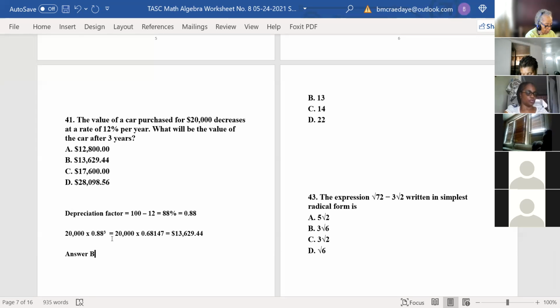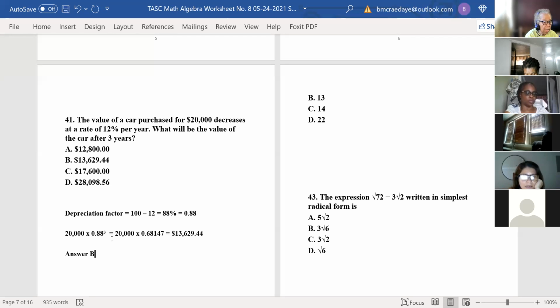Okay, then this, and then the power. No, you put in the 0.88, and you want to raise it to the third power. So you put second, okay, 0.88. Okay, then.